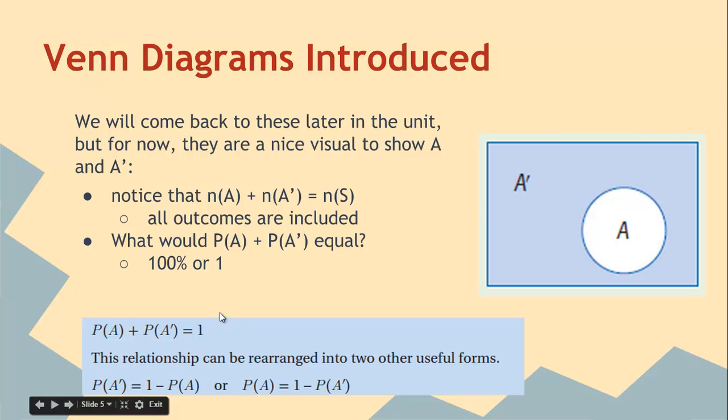It's the same idea. This relationship can be rearranged into two other useful forms. We can find the probability of A prime by subtracting the probability of A from 100%, or the other way around. It's just like algebra. We move one thing to the other side by subtracting P(A) on both sides, or P(A prime) on both sides.